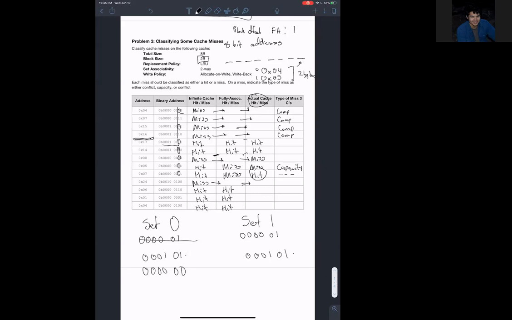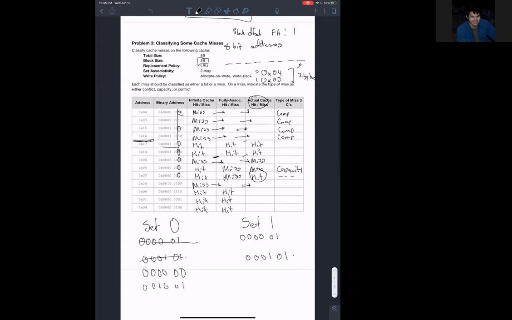Okay, so going back to the question, 0x24, that's not the tag, that's the address, but the tag associated with that would go in set 0, and that means we need to evict the least recently used, whatever that number is. And then finally, we have our last 3.